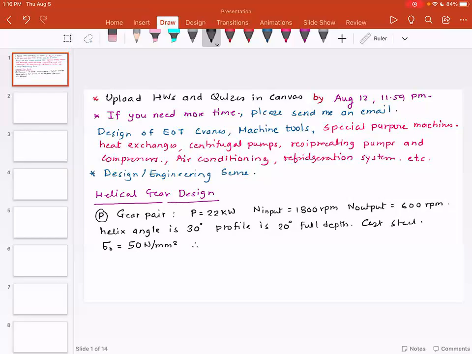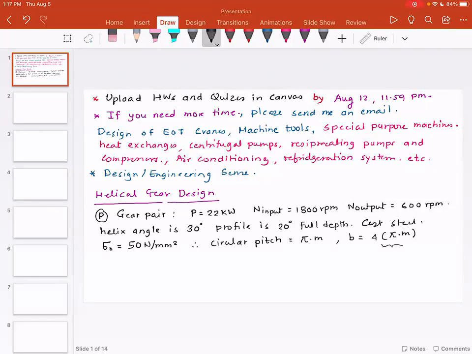it's given that the circular pitch, let me show you what that is, pi times m, is the circular pitch, and the face width b is equal to 4 times pi times m.